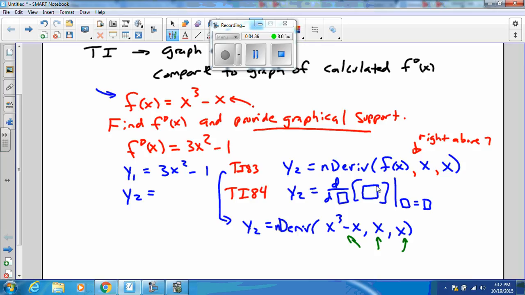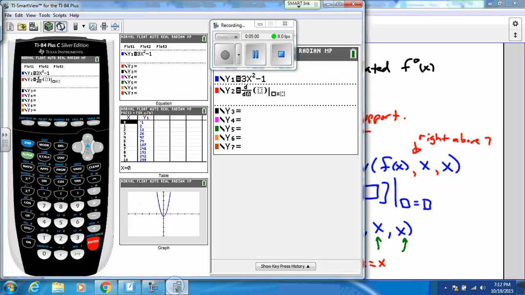Meanwhile, you're going to supply the same information on the TI-84, but in a different format. You're going to say that this is d/dx of, well, let me write it down here. On the TI-84, you're going to say y2 is equal to d/dx of x cubed minus x at the point x is equal to x.